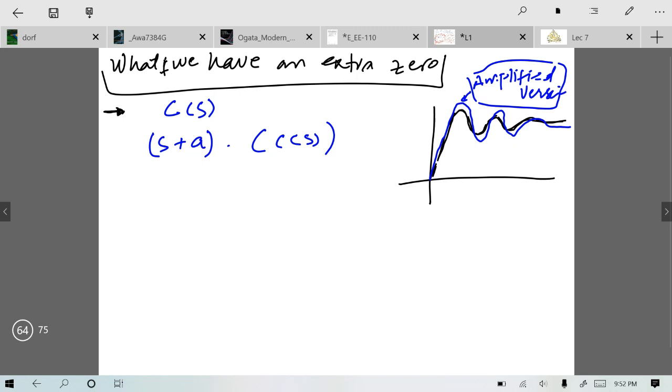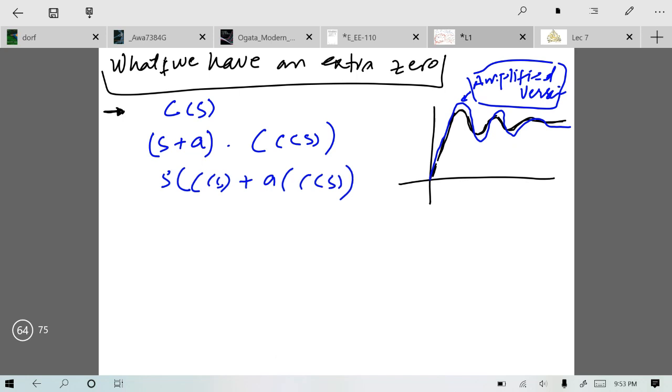Adding a zero means multiplying with (s + a), which means that you have added a zero at s = -a to the original system. So it means s·C(s) + a·C(s).